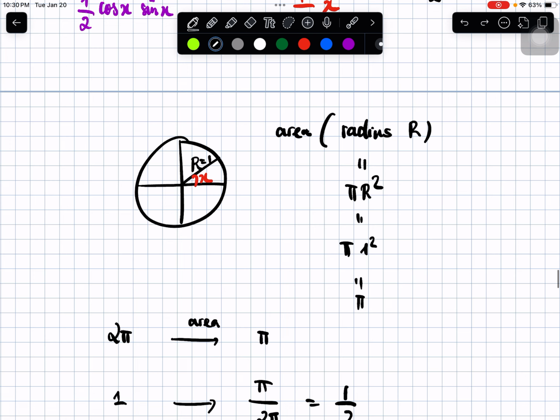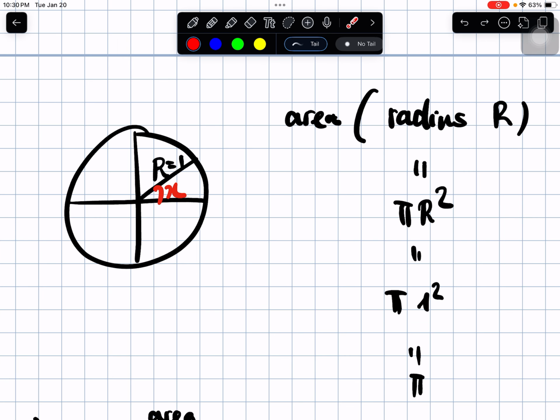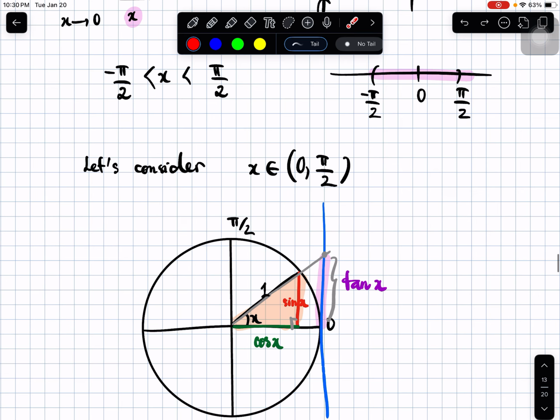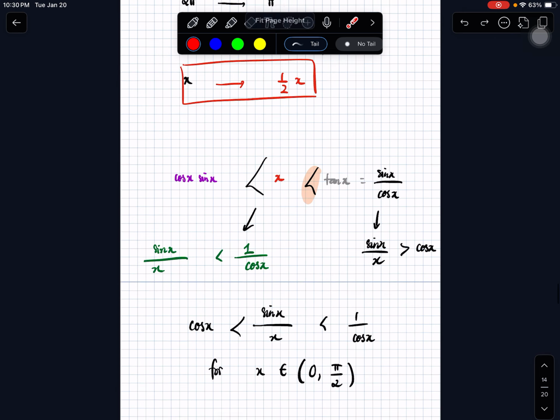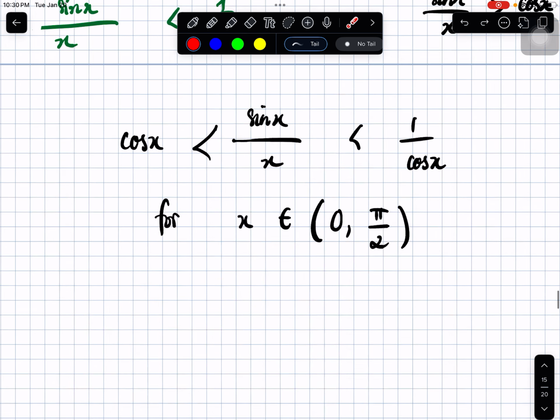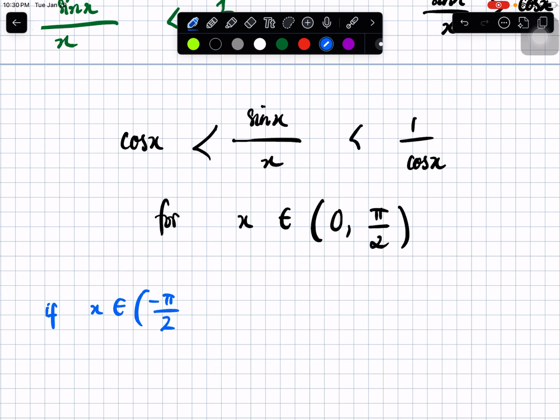Now you can do the same trick, or you can argue by the even function. If x is from minus pi divided by 2 to 0, you can do the same thing. Or you can say that if x is between minus pi divided by 2 and 0, then minus x is between 0 and pi divided by 2.